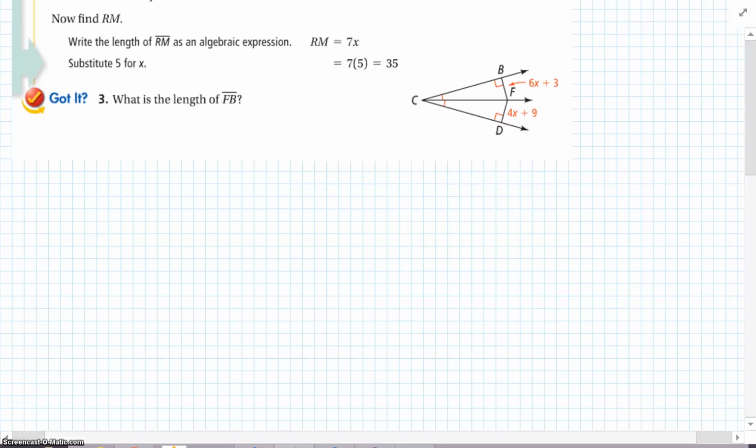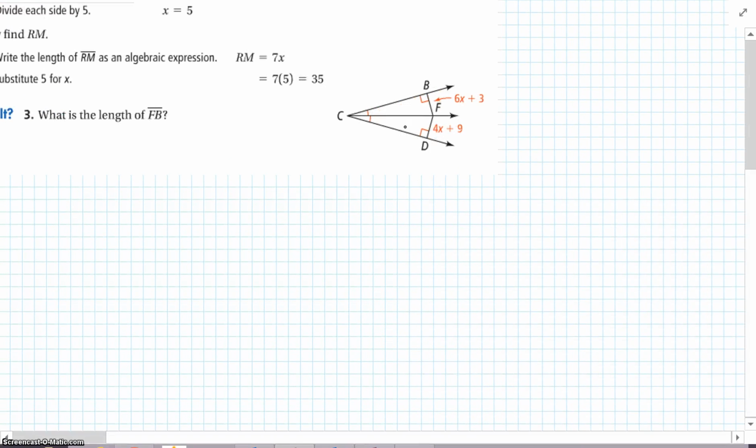So next example, what is the length of FB? Well, CF is the angle bisector, so BF and FD are congruent, so we can say BF is congruent to DF. BF is 6x plus 3. FD is 4x plus 9. So subtract 4x from each side. I get 2x plus 3 equals 9.